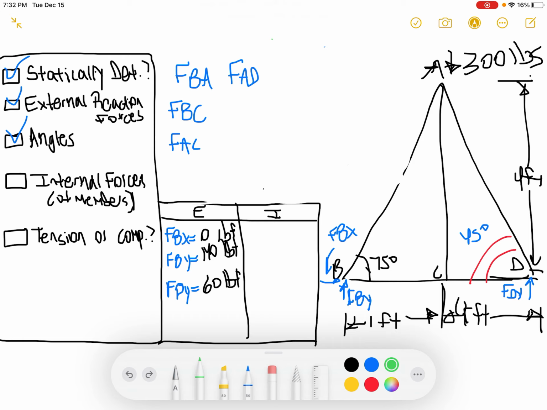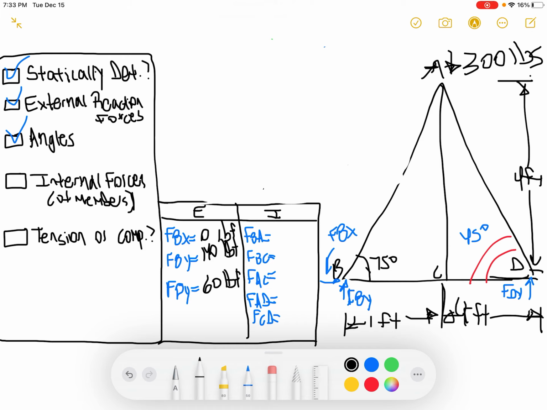And then the last one is FCD, which is this. Okay, that means those are the five internal forces: FBA, FBC, FAC, FAD, FCD. So in order to complete this step, we need to find all 5 of those. How? That's the question. Well, we can start off by drawing a free body diagram of each joint.